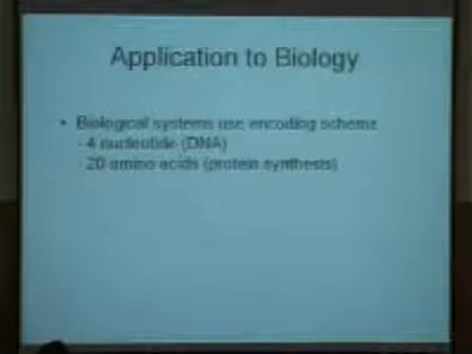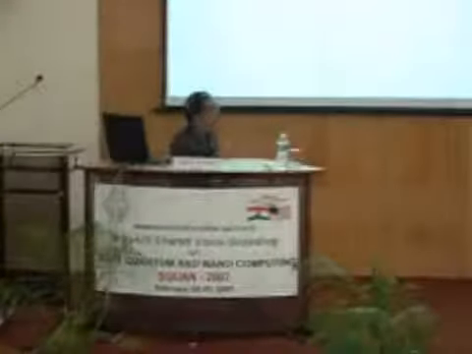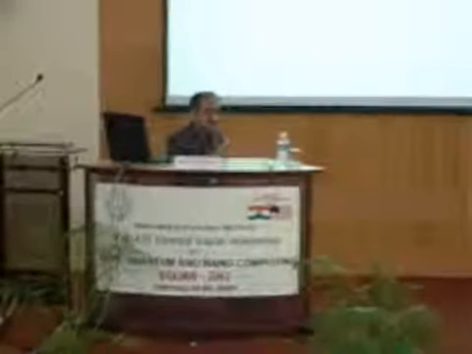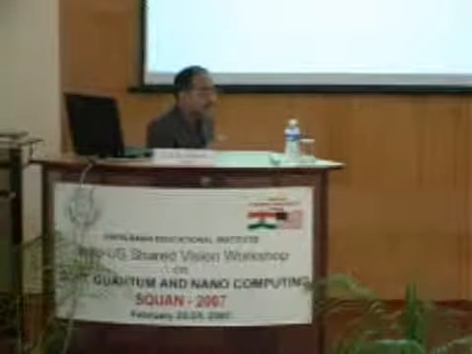Computer systems always use binary encoding, and the reason for that is well understood. But for biological systems, it is not well understood why they use encoding of 4 bases. DNA is an encoding of 4 bases, 4 base pairs. And amino acids, there are 20 amino acids.